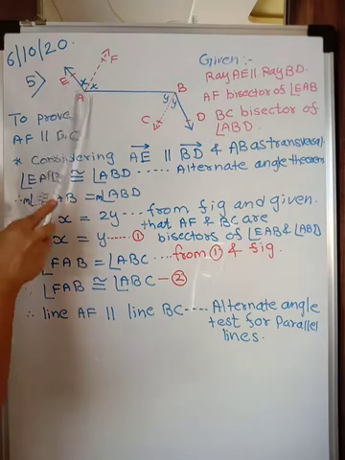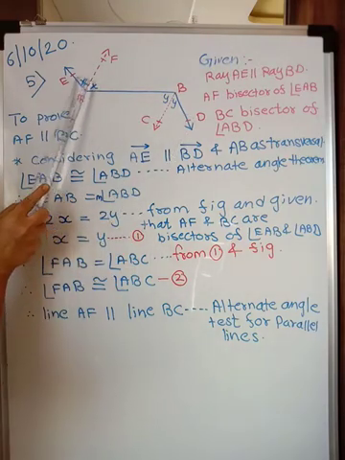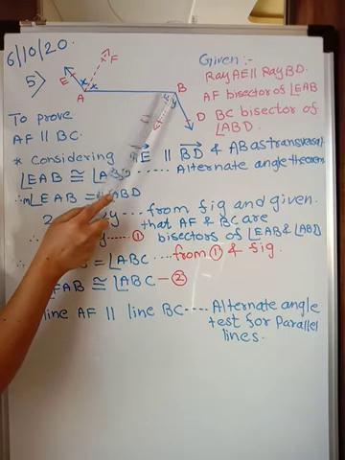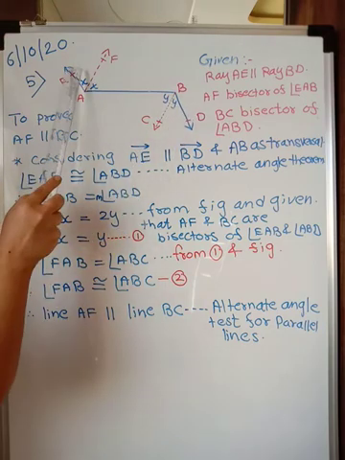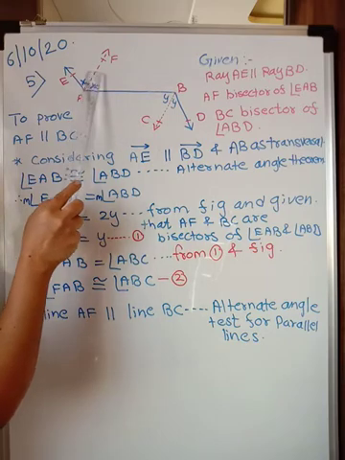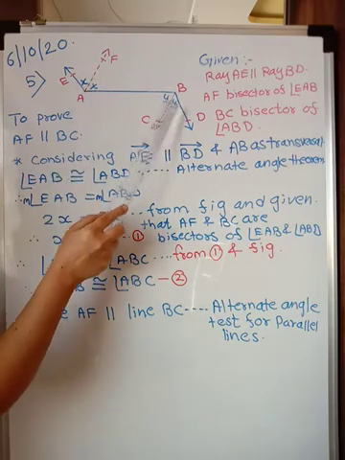If lines are parallel, then alternate angles are equal. This complete angle is x plus x, that is 2x, and this complete angle is y plus y, which is equal to 2y. You can see this Z forming.